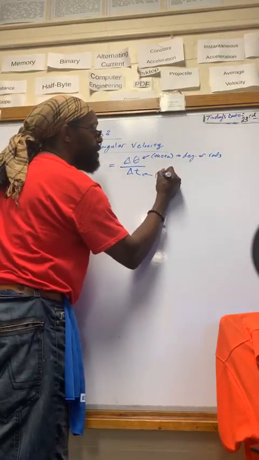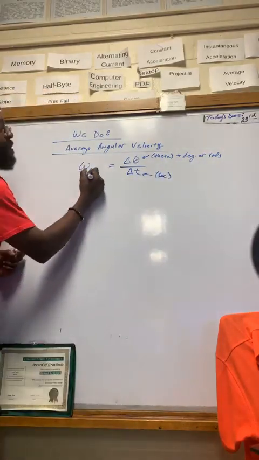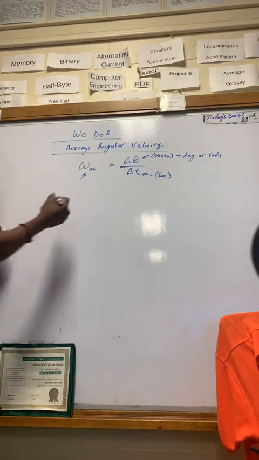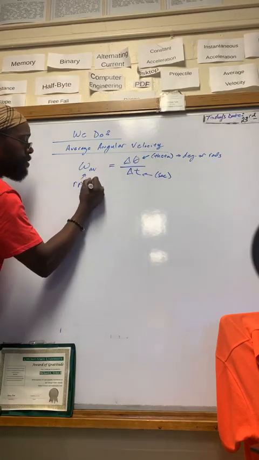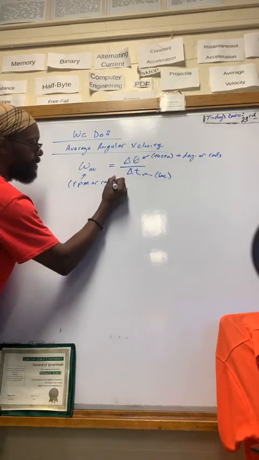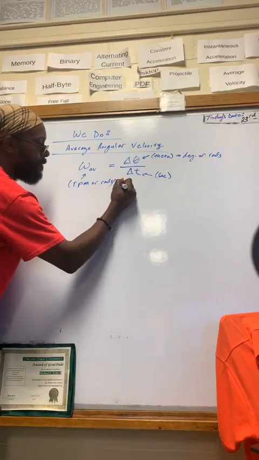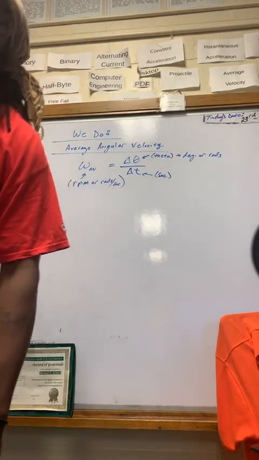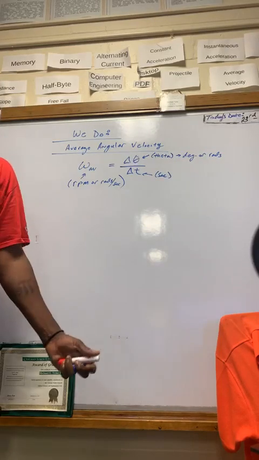This is measured in seconds. And this one is called angular velocity. It can be measured as RPMs, or you can measure it in rads per second. We did this yesterday, so this is a refresher for a lot of you. It shouldn't be hard if you were in class and paying attention.